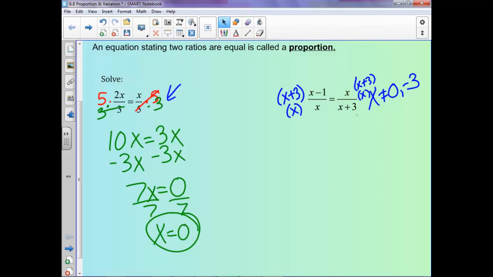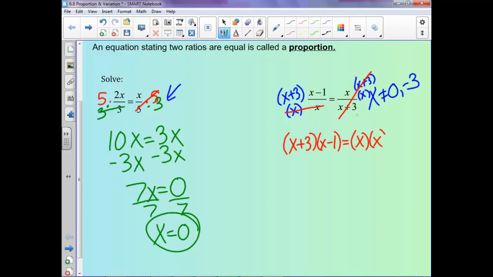And what happens is on the left side these will cancel, and on the right side these will cancel. And we're left with x plus 3 times x minus 1 equals x times x. And now we just need to distribute. Since we have x squared, set it equal to 0.